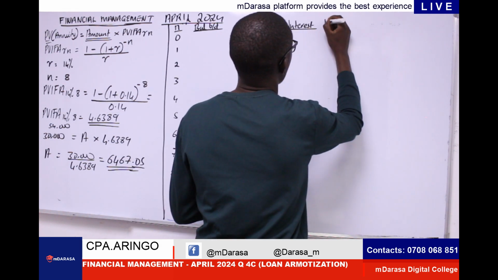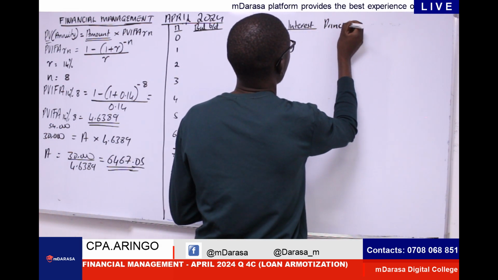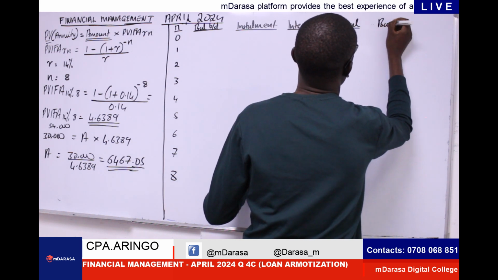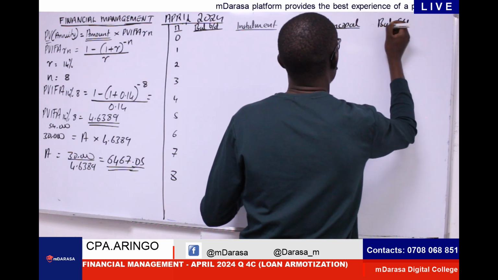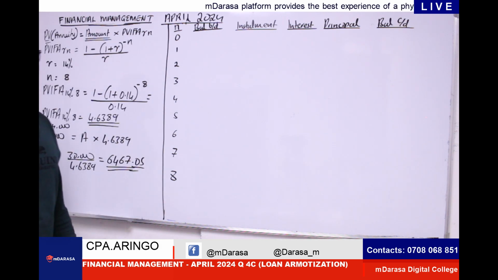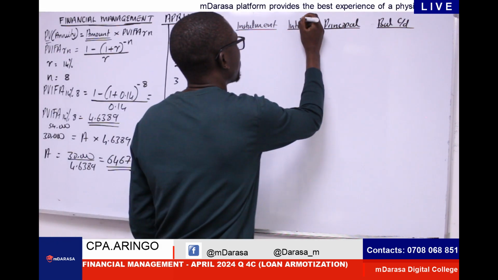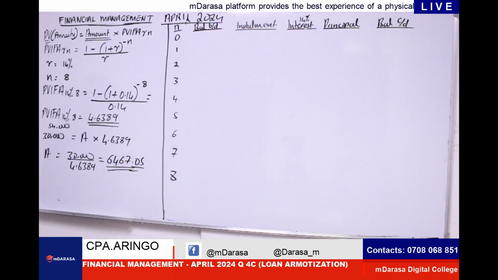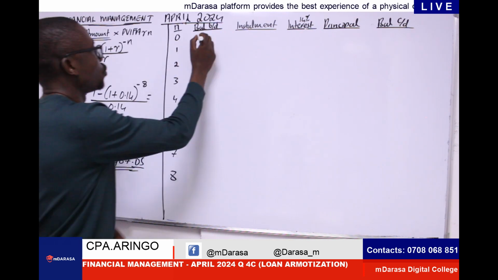We're having our principal value here, and our balance carried down here. Rate of interest you're given is 14%, right? So that as at the end of the day, what will you be having?